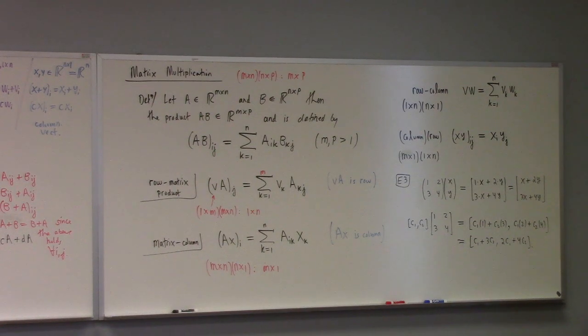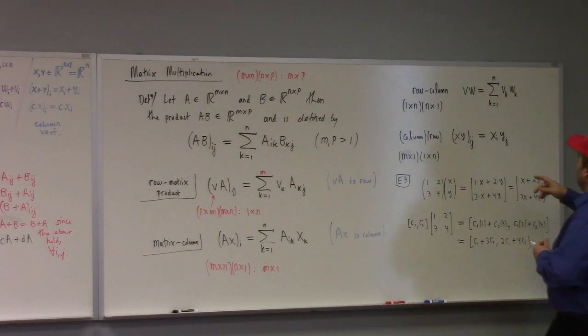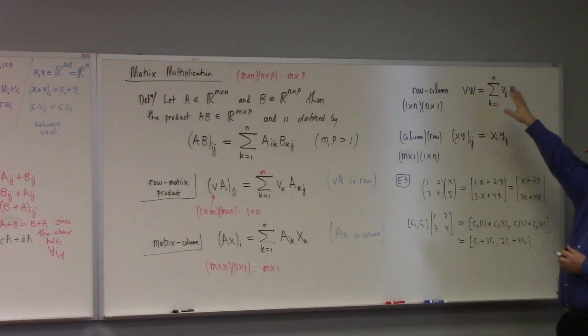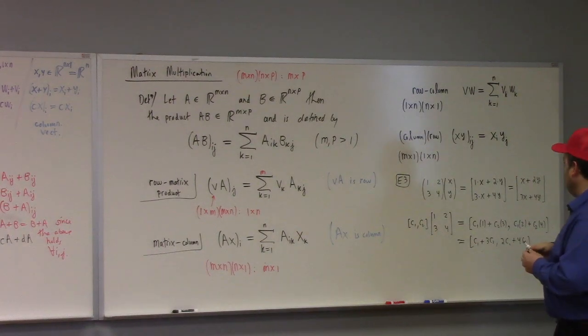Who knows what a dot product is? Some of you do. Who doesn't know what a dot product is? Okay, so let's talk about that. So this up here, in the top corner, is actually an example of a dot product.